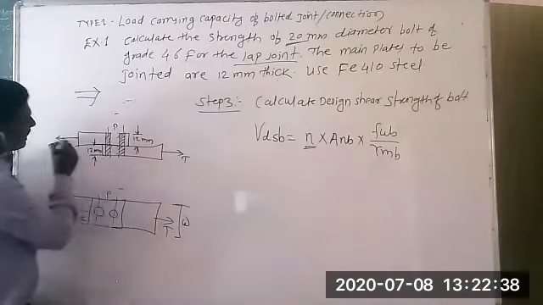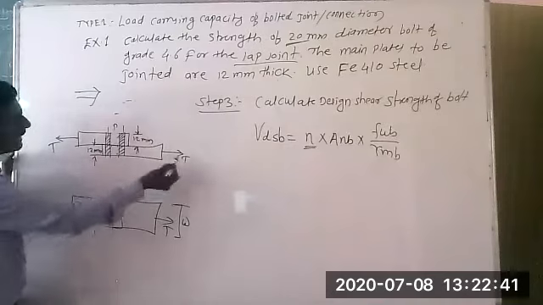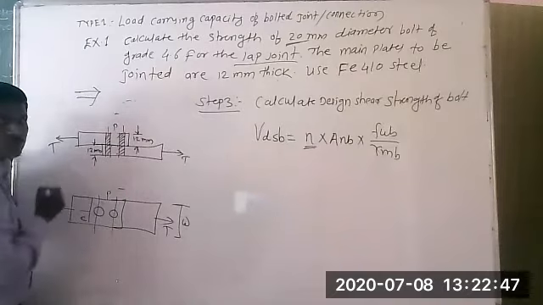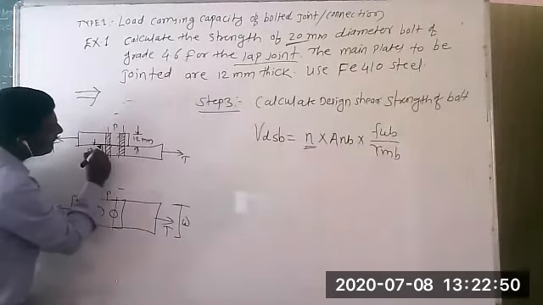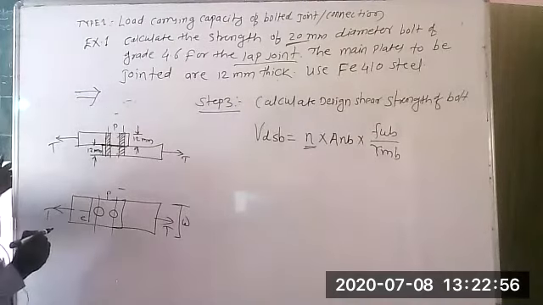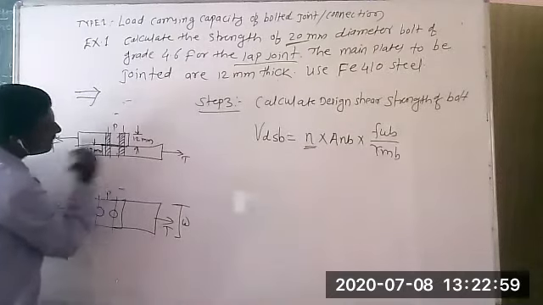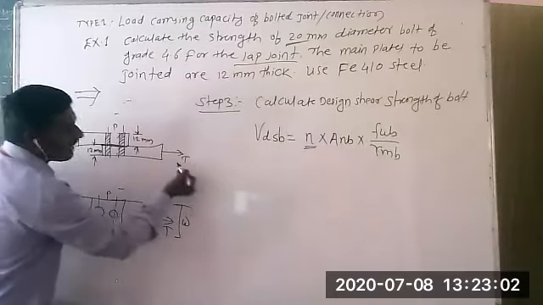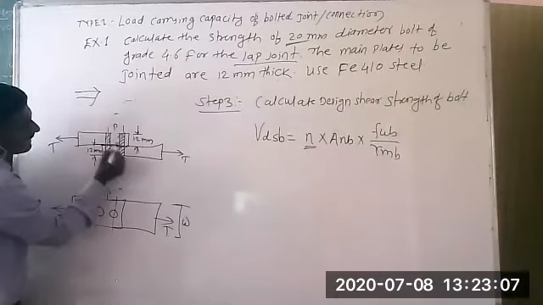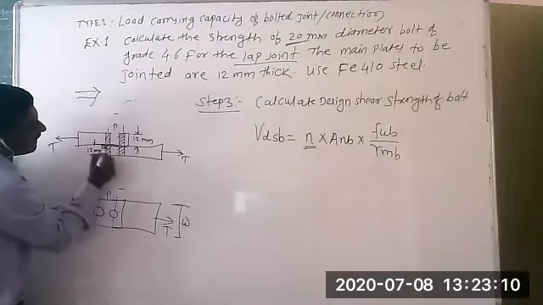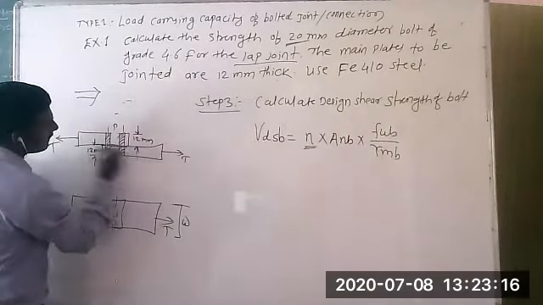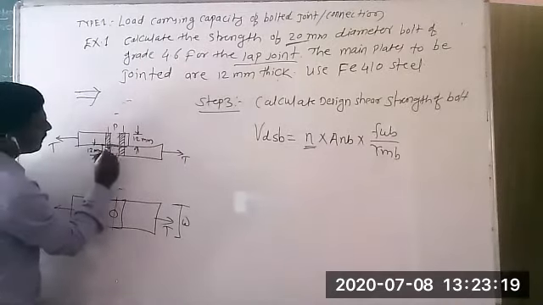If these two plates apply load in the opposite direction, that is T amount of force, then these two bolts will fail in one line only, in one plane. Because this plate is applying force in this direction and the other plate is applying force in the opposite direction, the bolt may fail in shear only in this plane.